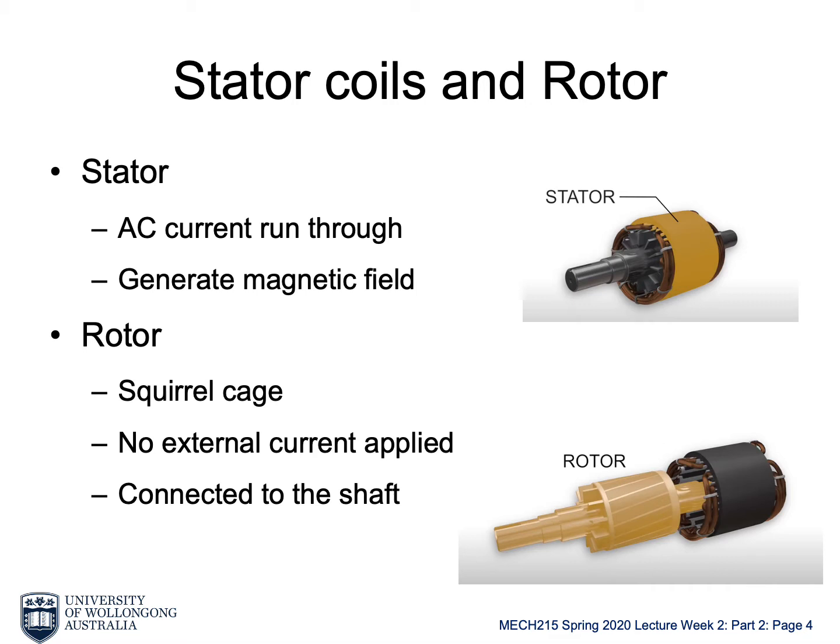The rotor is also called a squirrel cage because the shape is very similar to a squirrel cage, with aluminum bars that connect the current from both ends. This rotor has no external current applied. Because of this structure, the stator current will excite the rotor to generate an excited current, and this excited current will generate the movement for the rotor. The rotor is connected to the shaft, which will provide the motion and connect to the outside.